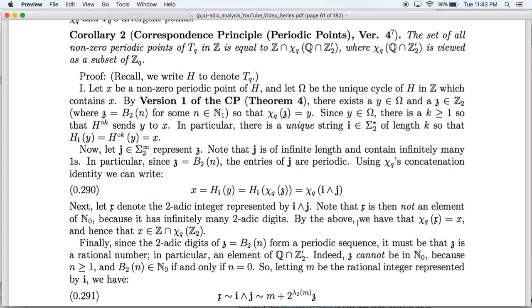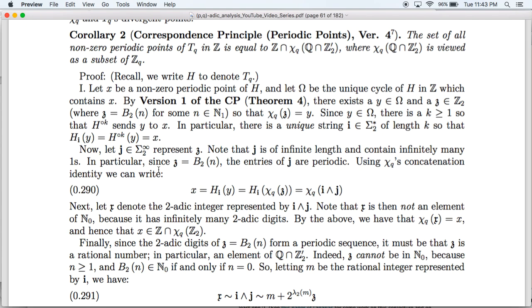This is because Z is equal to B2 of n for some n bigger than or equal to 1. Yes, so in particular, since Z is equal to B2 of n, the entries of J are periodic.